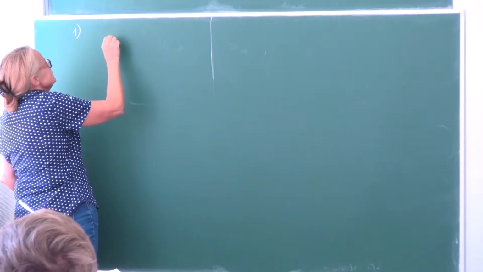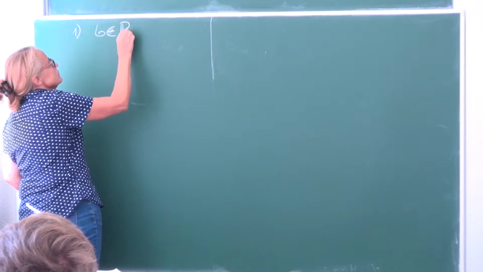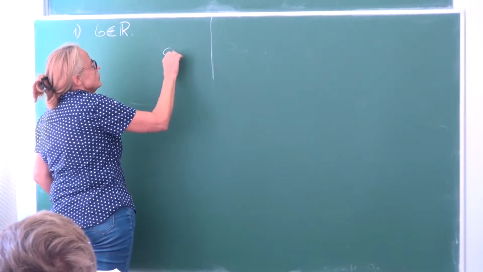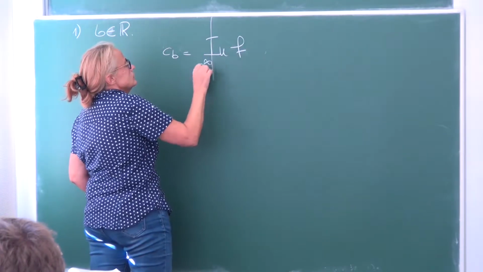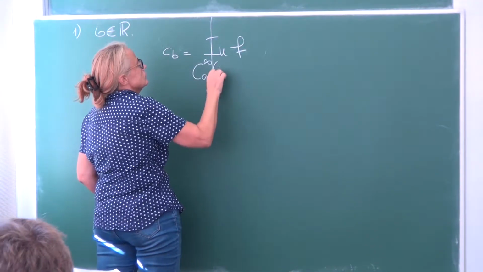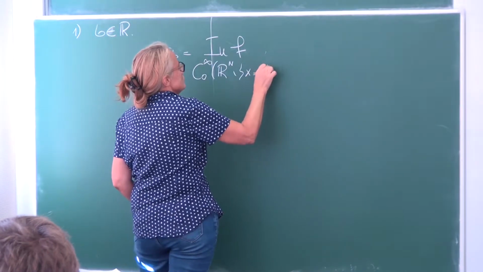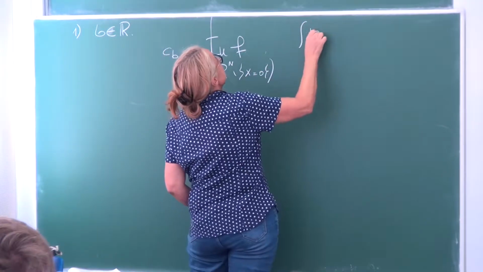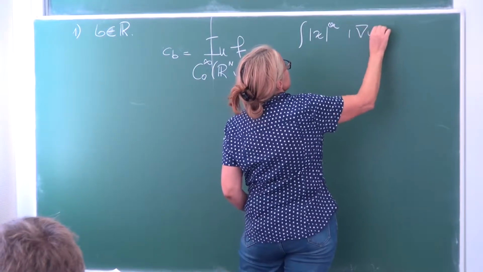Assume that you have some other exponent b, and that you are hoping that this infimum is positive, given a, given p.